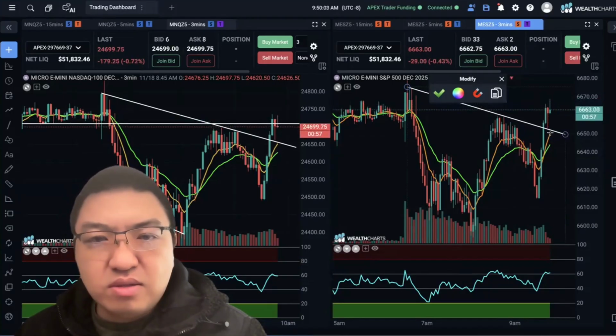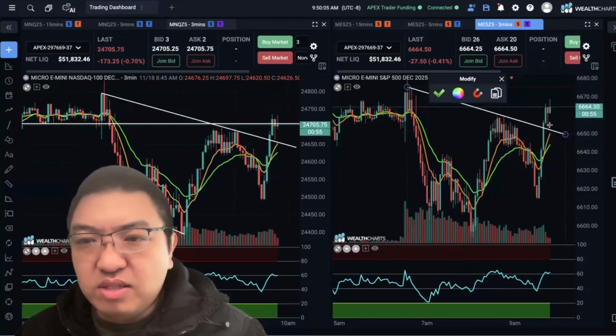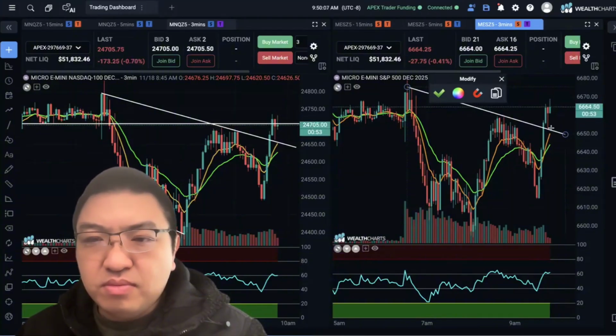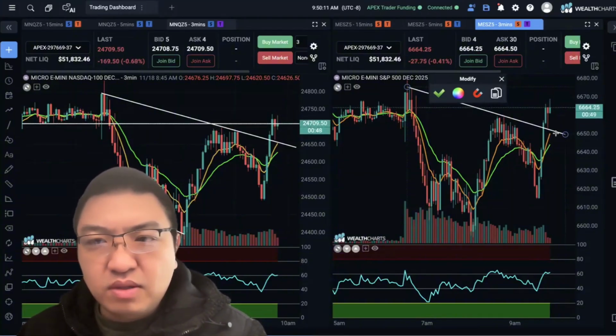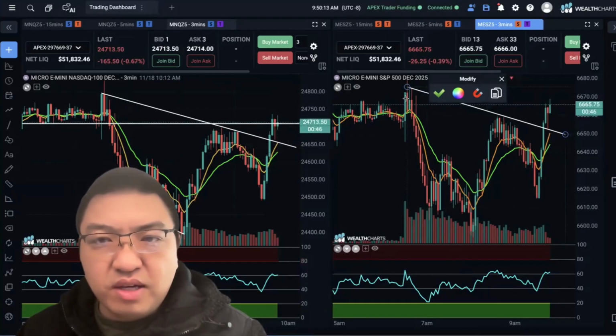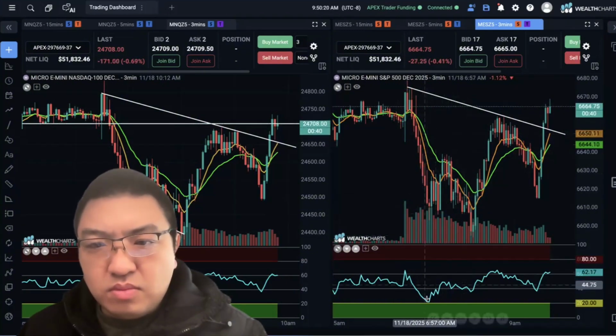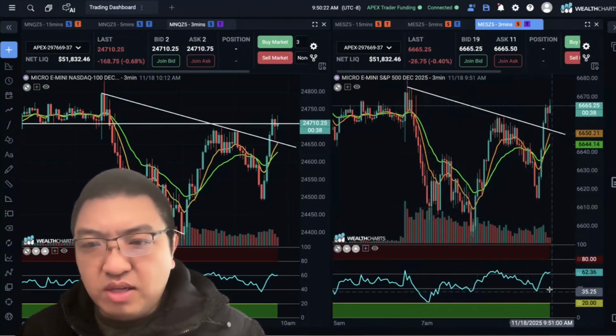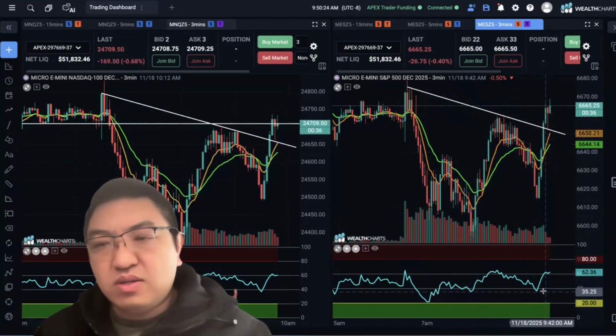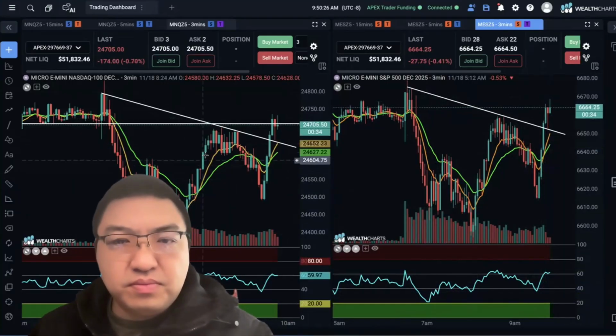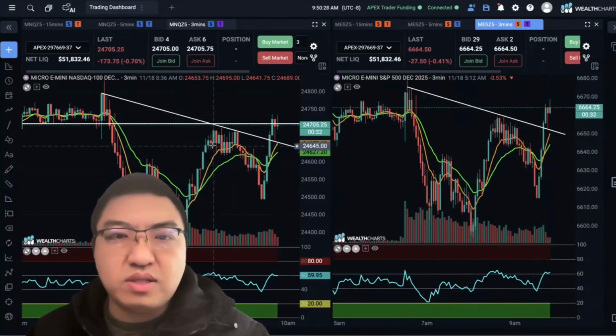And yeah, it shows that it's a retest for ES and for NQ. And ES shows the same divergence. We'll see.